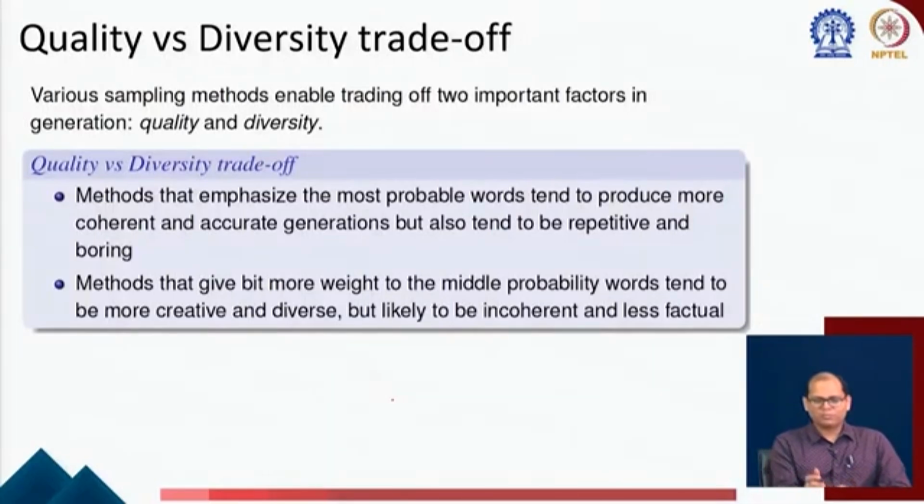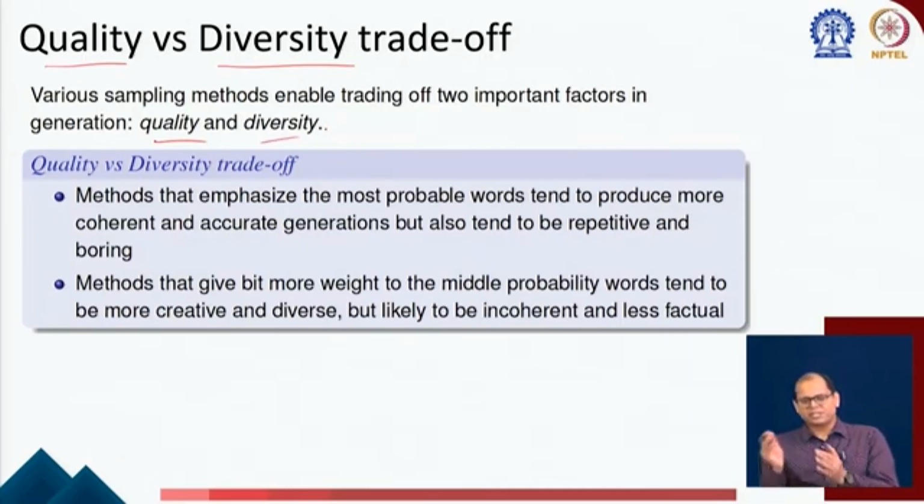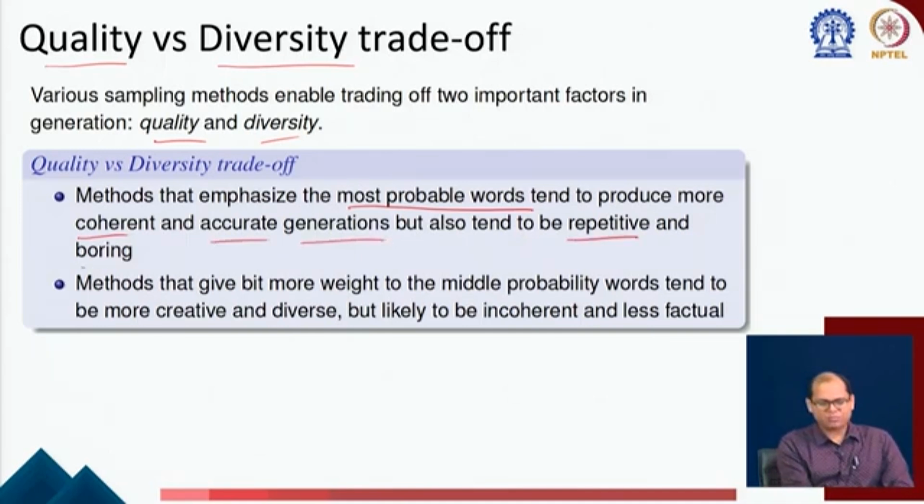That's why you do some quality versus diversity trade-off. Various sampling methods enable trading off these two important factors. Methods like beam search decoding emphasize the most probable words. They will produce more coherent and accurate generations, but they are also quite repetitive and boring. So they are good for tasks that are more factual.